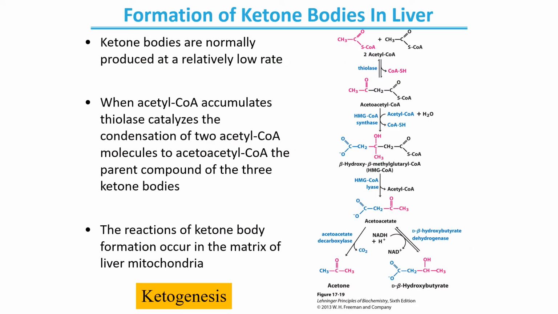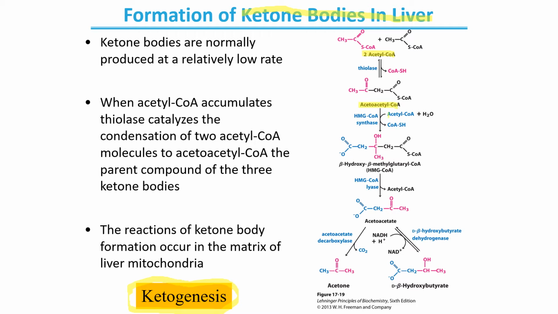Next is the actual pathway by which we synthesize these ketone bodies in the liver, and this whole pathway is known as ketogenesis. We have a short pathway of 3 or 4 reactions. First reaction, we join two acetyl-CoA molecules together to get acetoacetyl-CoA.